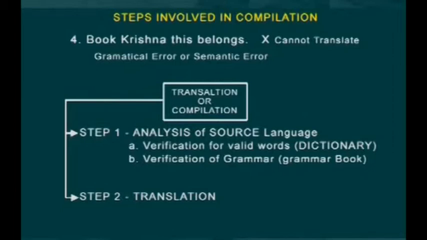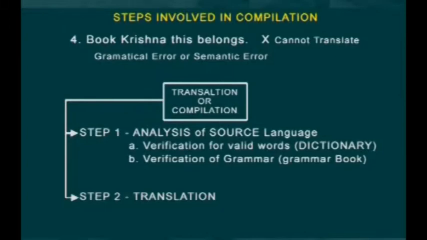And the second part is the translation. In fact, any compiler spends more than 70% of the time in the analysis of the source language, and 30% of the time, even less, it spends in translation. So from this one can easily understand that if anybody wants to translate one language to another language, first of all, he should have a clear-cut idea on the source language.